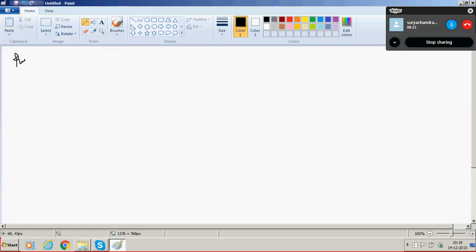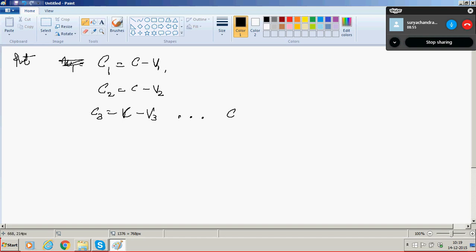Put C1 equal to C minus V1, C2 equal to C minus V2, C3 equal to C minus V3, and so forth.